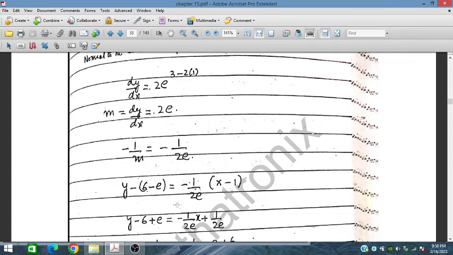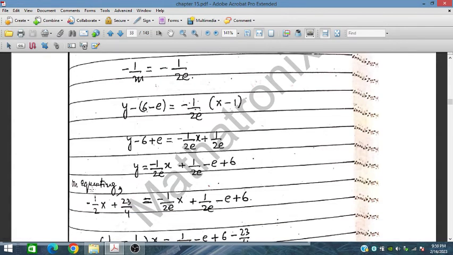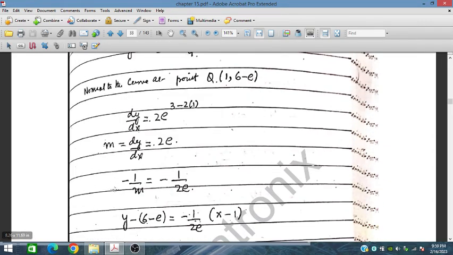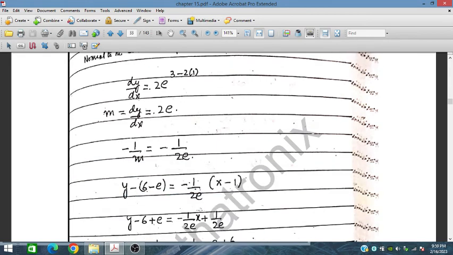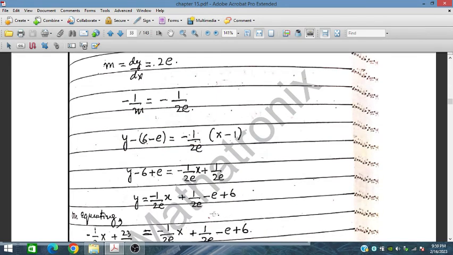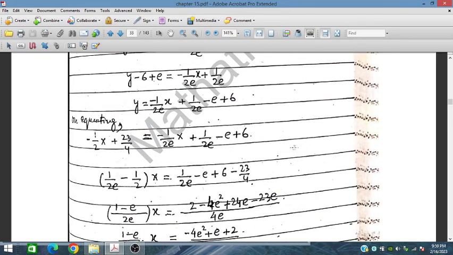Now from this equation we can arrange it like this. Since this equation and the other equation are the same at the point of intersection, we can equate them, because they are on the same point.